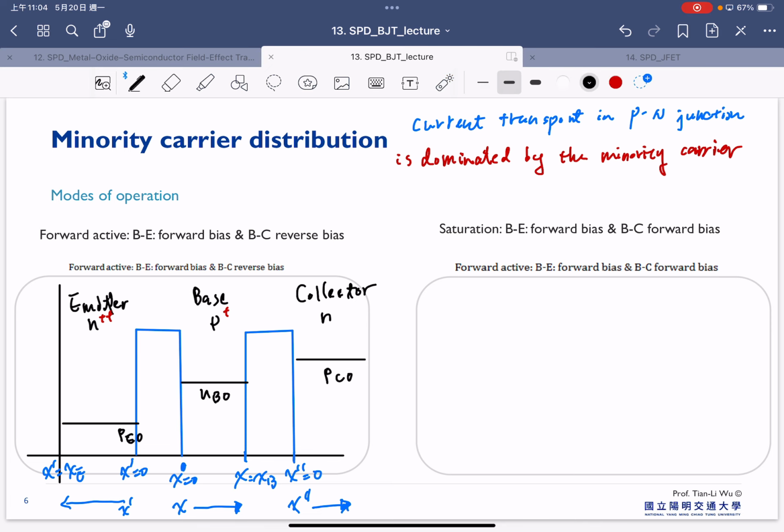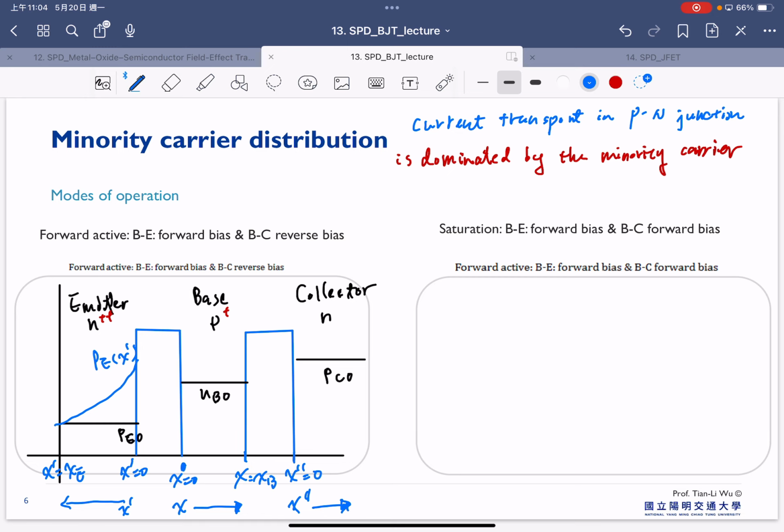So similarly, we can expect this one. This is a majority carrier distribution, and a minority carrier distribution, PE, with respect to the X prime space here. So that's the minority carrier distribution on the emitter side.